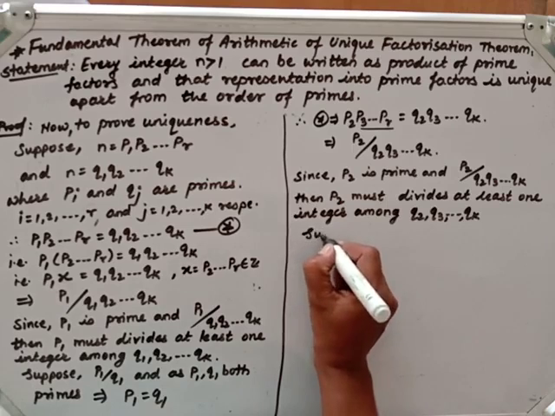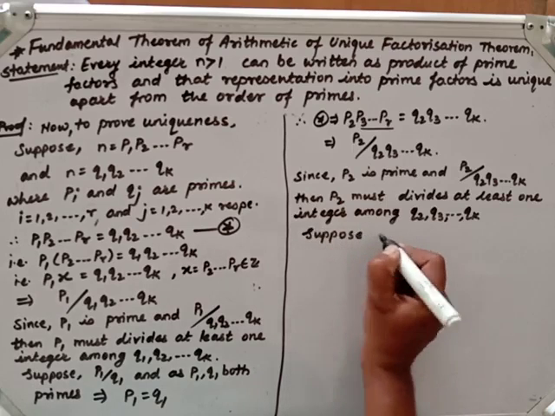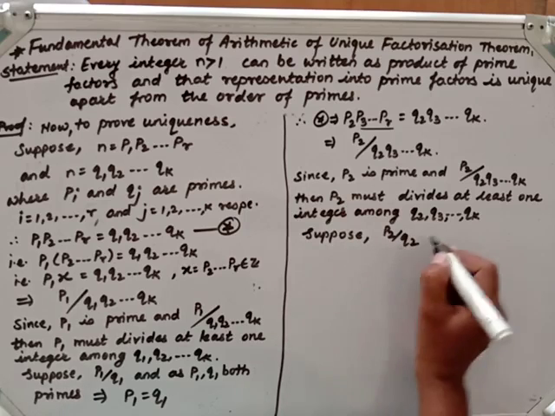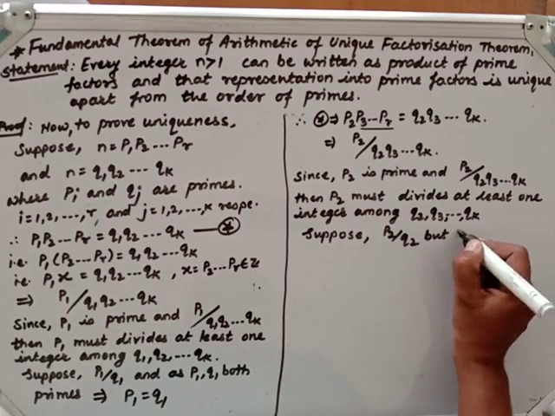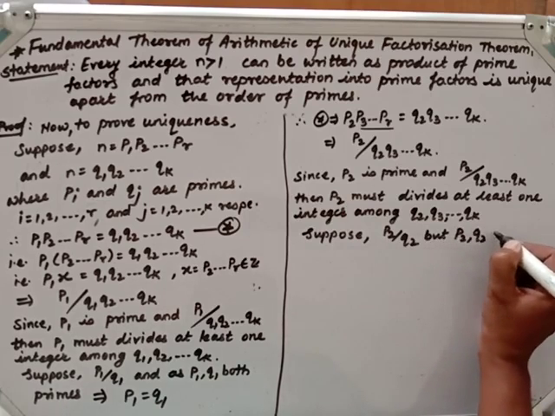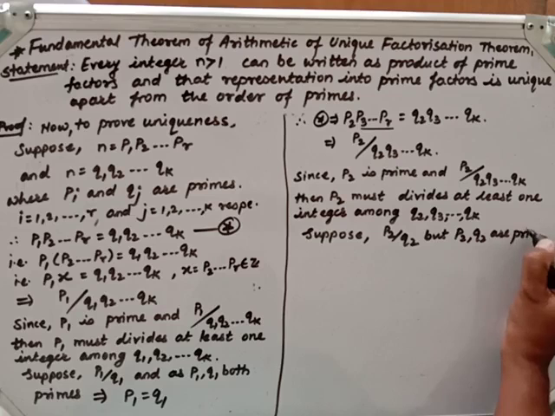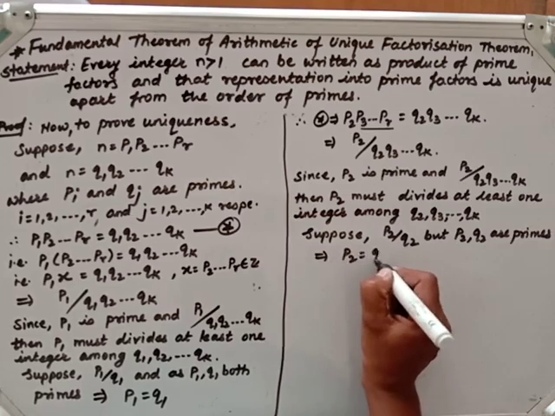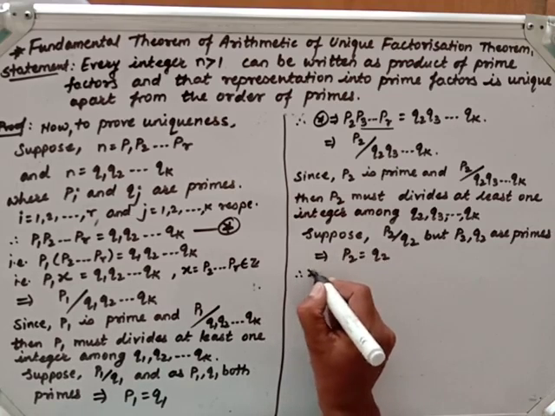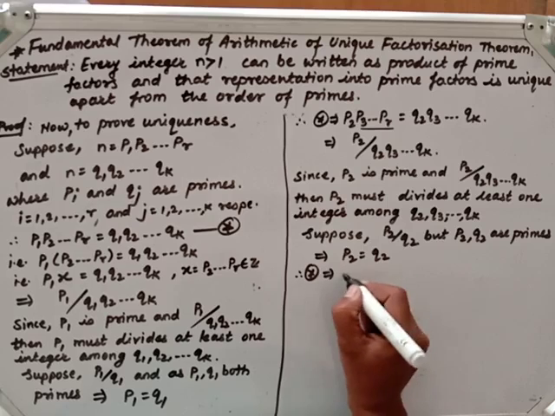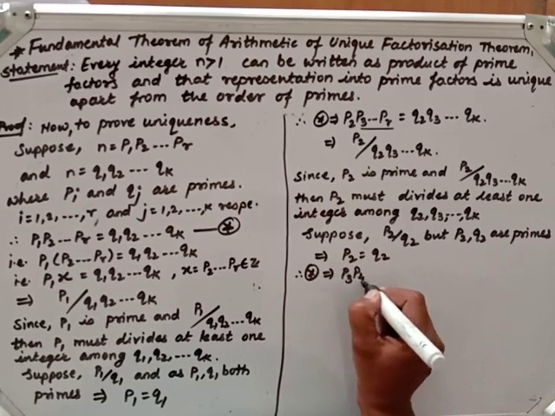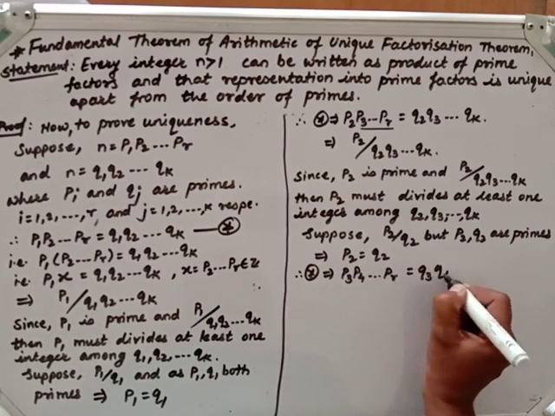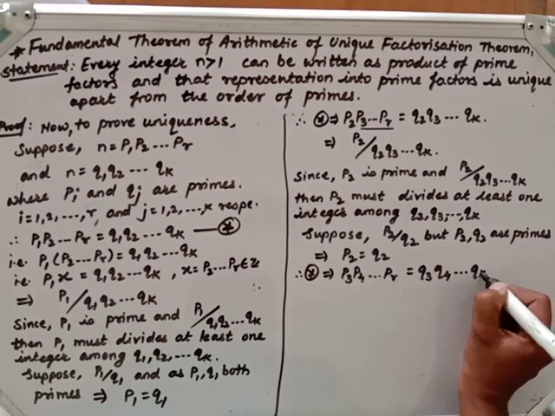Now again suppose p2 divides q2. But p2, q2 are primes, so this gives p2 equal to q2. Therefore again this star gives p3, p4 and so on up to pr is equal to q3, q4 and so on up to qk.